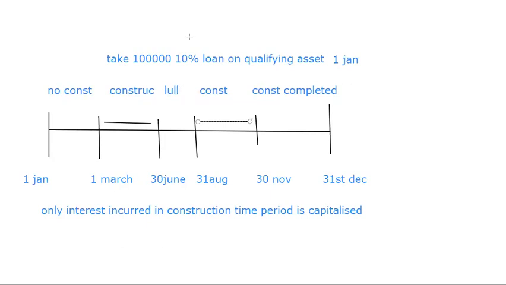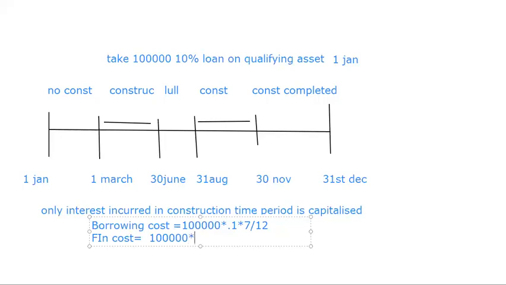So borrowing cost is 100,000 into 0.1 into 7 by 12. This is borrowing cost, right? And finance cost is 100,000 into 0.1 into 5 by 12, where there was no construction, right?